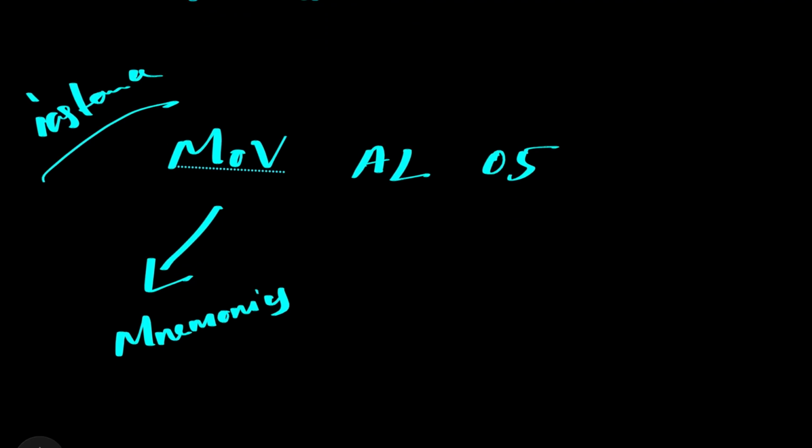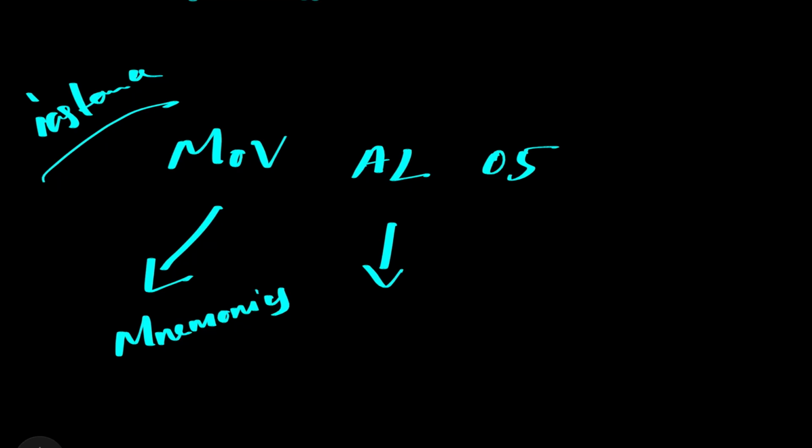Say for instance, if you press Control C, the computer understands you are asking the CPU to copy the respective content. In the same way, MOV is a keyword, a mnemonic, that makes the CPU understand that a process has to be done in order to move. MOVE is shortly mentioned as MOV.